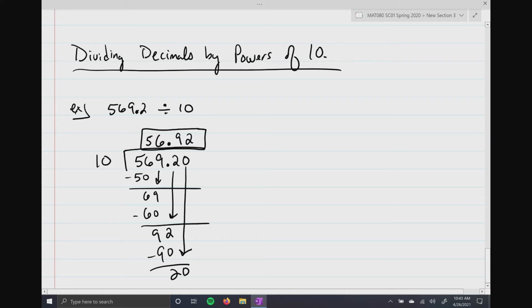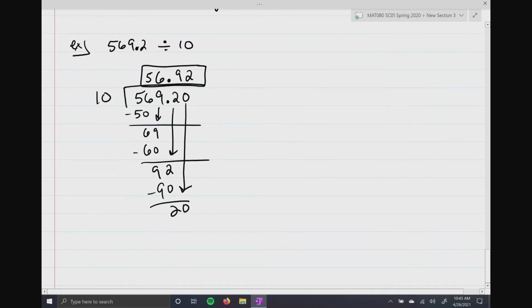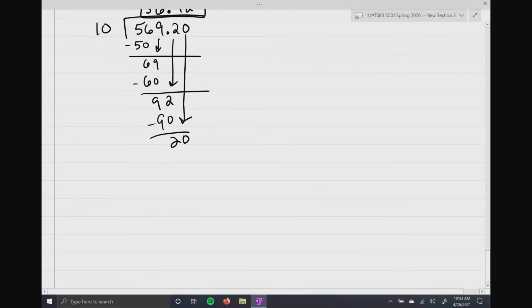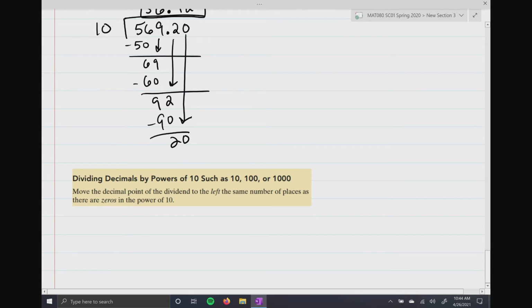There is a shortcut. And the shortcut is actually very simple. It's a rule that we've already learned. You've already seen this rule before, it's just now we're doing it with decimals. So here's our rule right here. Give me a second, it'll pop up on the screen here. There it is.